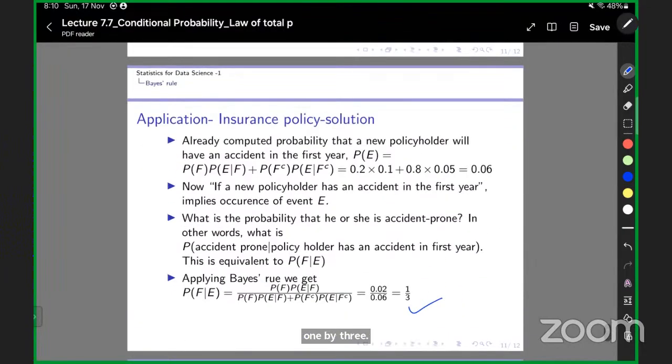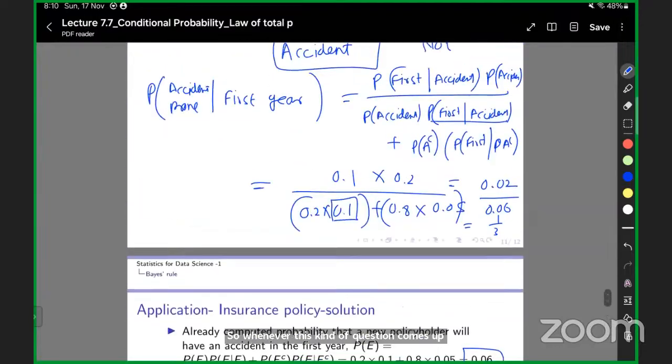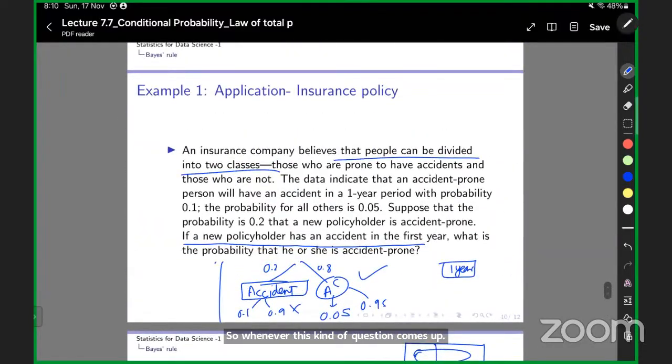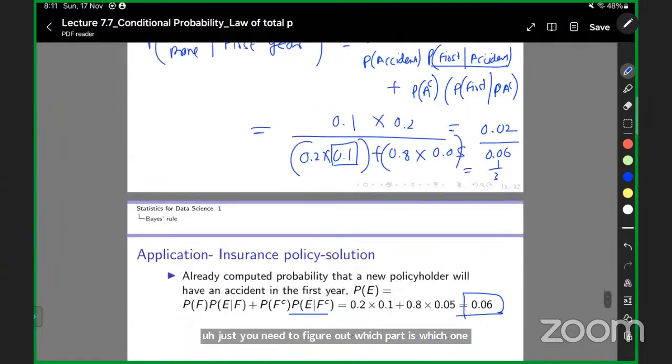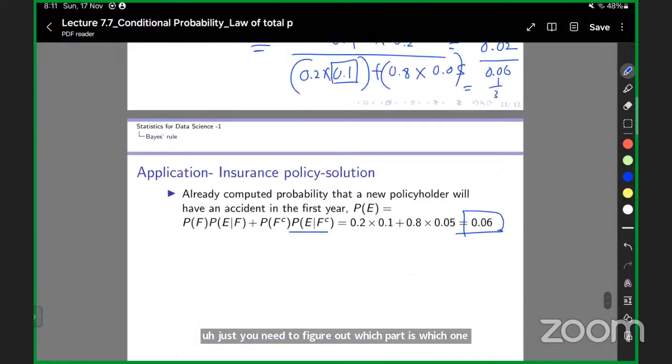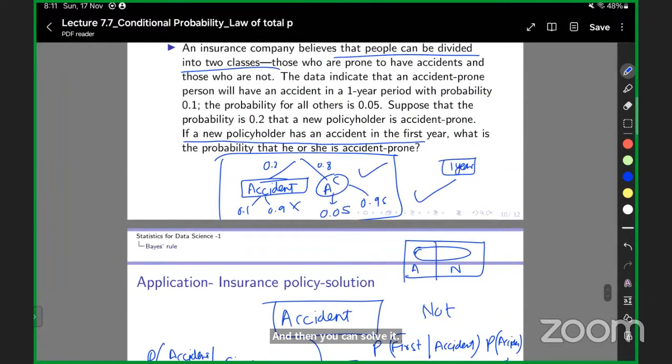So whenever this kind of question comes up, I recommend that you draw this tree. You can call it a tree or something. But if you draw this tree, then you'll most likely be able to solve this question. You just need to figure out which part is which, and then you can solve it. Don't use a Venn diagram for this.